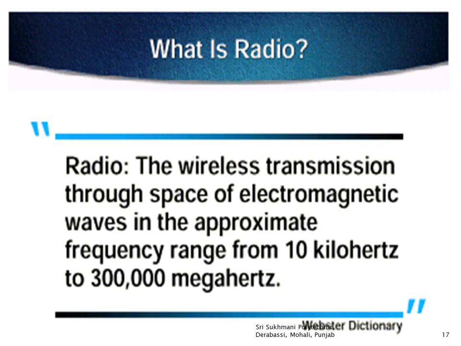Wireless transmission through space uses electromagnetic waves known as radio waves. The frequency range is 10 kilohertz to 300 megahertz. Whatever you speak to your mobile sets, your mobile sets use wireless transmission. It uses radio space as the media.